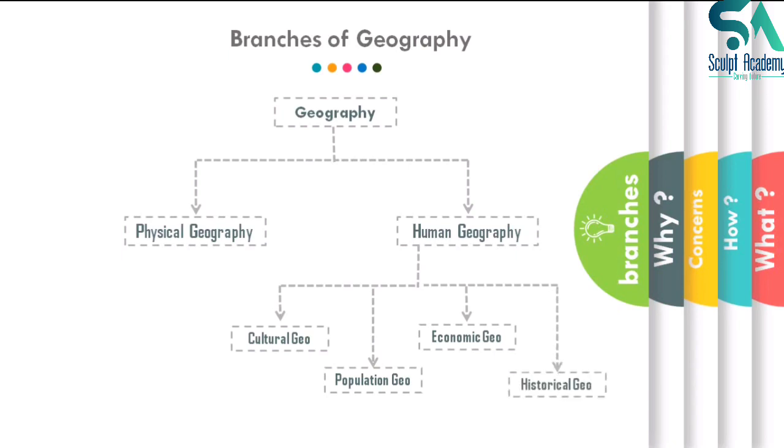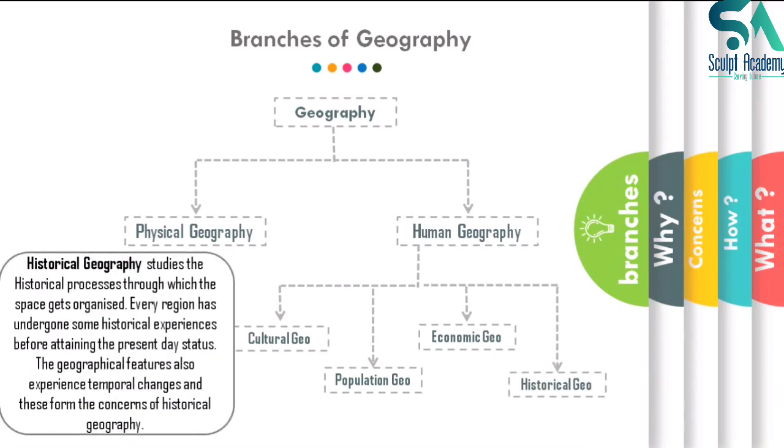Next is historical geography. Historical geography studies the historical processes through which space gets organized. Every region has undergone some historical experiences before attaining its present day status. The geographical features also experience temporal changes, and these form the concerns of historical geography.